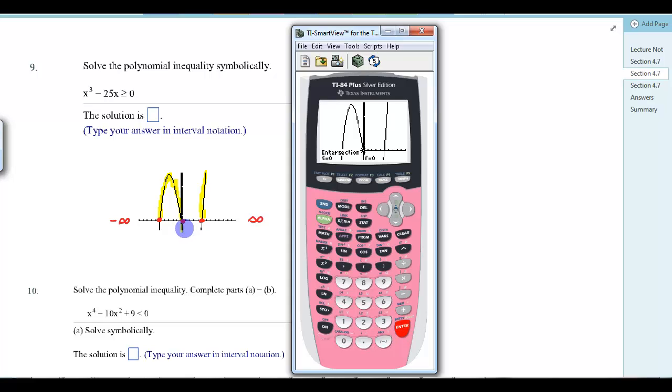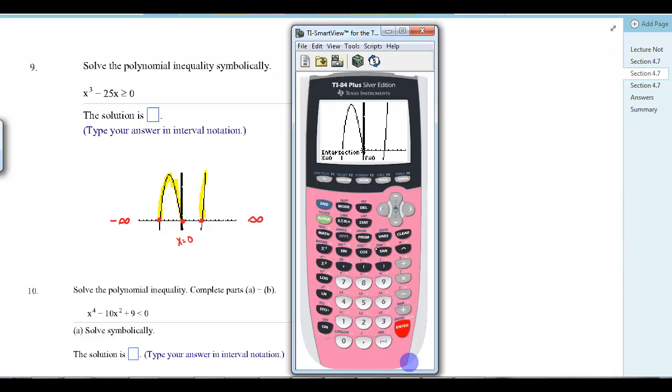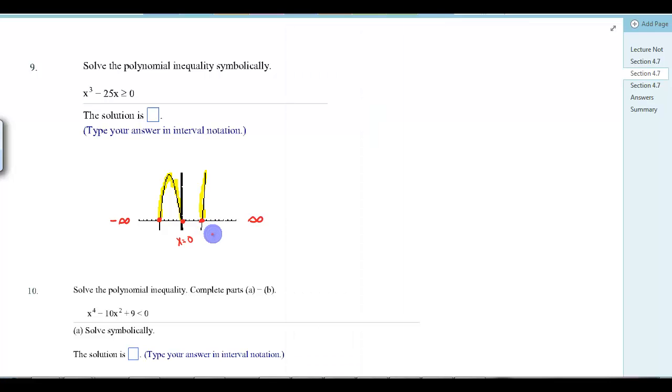So that first one is 0 that we think about right here. X equals 0 is that one. All right, let's find second calc 5, and we're going to move. We're coming back up. Oh, there we go. So let's hit enter 3 times, and we have a 5 there.